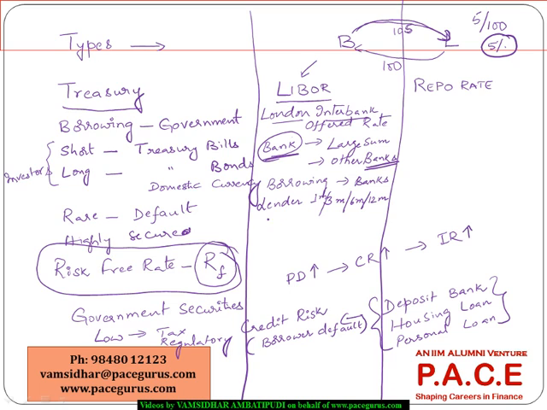Typically it is seen that compared to a treasury, the default rate for banks is slightly higher, because it's not government, it's a bank, which is a commercial setup. Generally we see that they have a credit rating of AA, whereas the treasury you can look at almost as AAA, which means the default levels are almost zero.